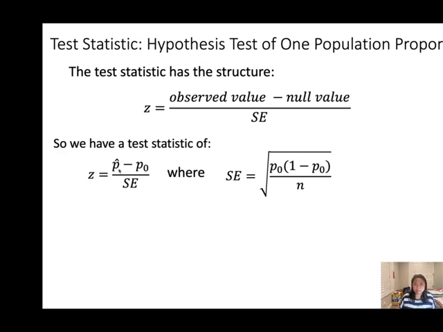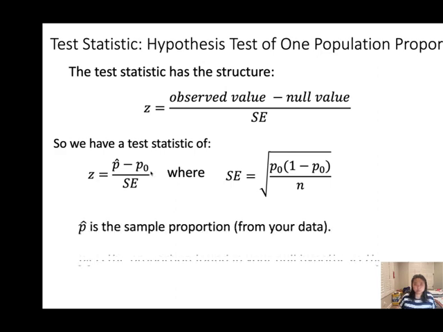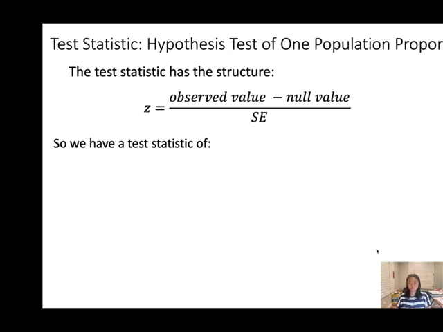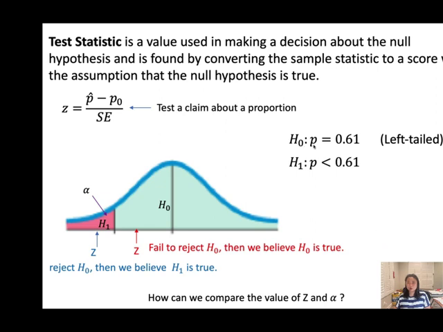We have the sample proportion minus P0. What is P0? P0 comes from your null hypothesis, just like here. Your null hypothesis is P equal to 0.61.